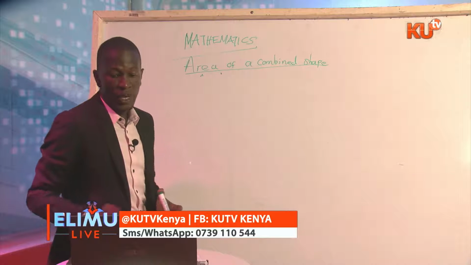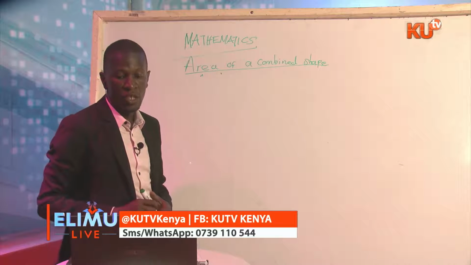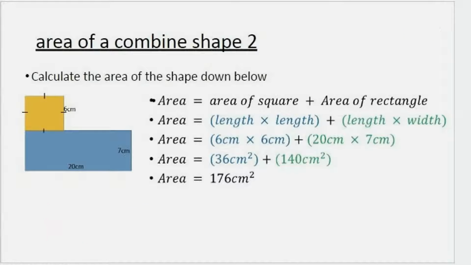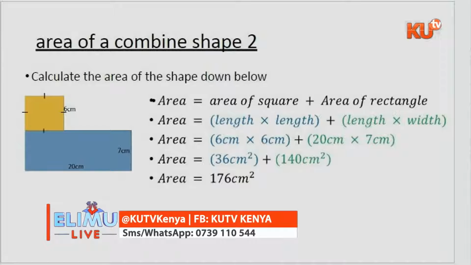Calculate the area of the shape drawn below. You can see it on your screen. The first thing before you work out that area, you need to identify which basic shapes are in that combined shape.